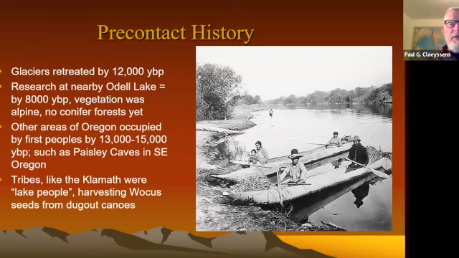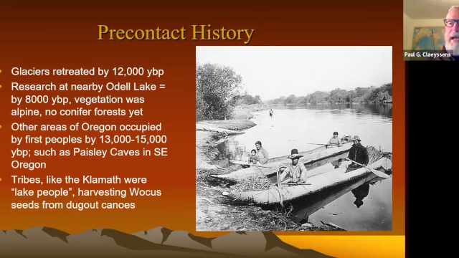And as I mentioned earlier, in other areas of Oregon we think the earliest occupations were somewhere between 13 and 15,000 years ago. And we know in more recent times, ethnographically, from anthropologists and settlers and others working with tribes, that they were harvesting wocus seeds and pond lily seeds with dugout canoes.